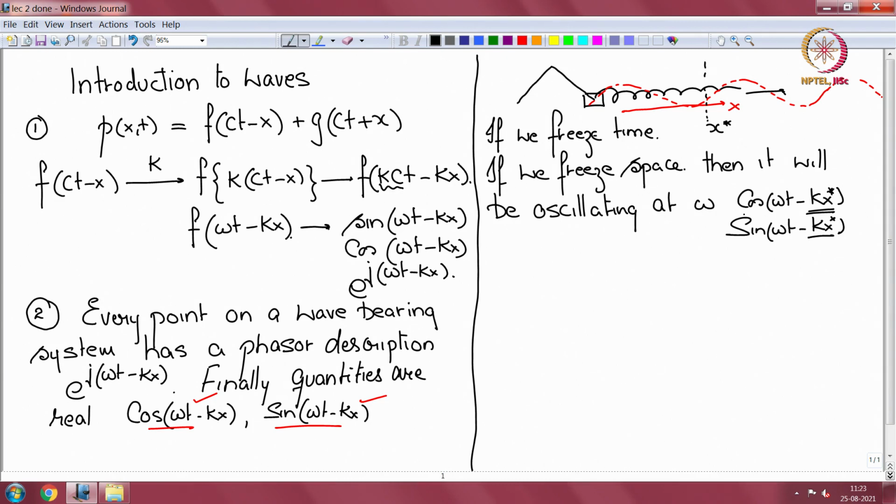So it's a cosine in time, sine in time. A single point will be oscillating in time as a sinusoid or a cosinusoid. So any way you look at it, the descriptor is sinusoidal. That's the second point I wanted to make.